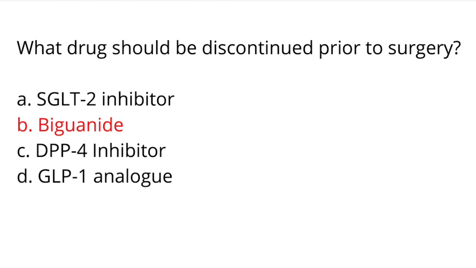So lactic acidosis is the most high-yield fact about metformin and possibly for anti-diabetic drugs overall. So it's very important that you remember this. So, like I said before, metformin is a biguanide, and we can remember that metformin is associated with lactic acidosis with this, the METs.